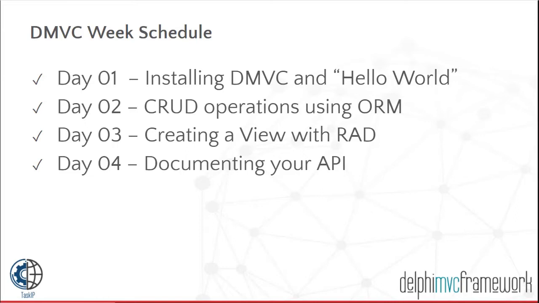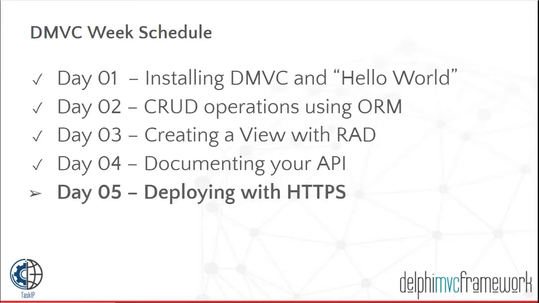We saw that it was really simple to actually document your API, and we didn't have to spend a lot of time doing that. We just had to fill in a few attributes, and the middleware did all the heavy lifting for us. And today we will talk about deploying with HTTPS.